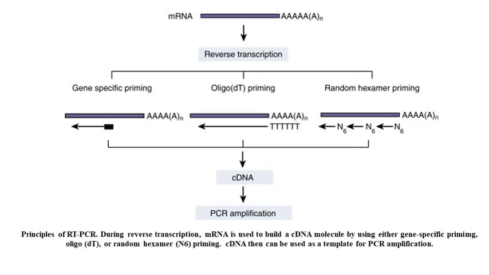The gene specific primer will just go and bind to your particular gene where it is complementary, whereas oligo dT binds to the mRNA where you have a poly A, that region they will go and bind, whereas the random hexamer will just go randomly and bind in the RNA copy.